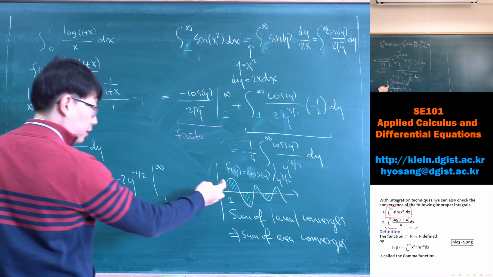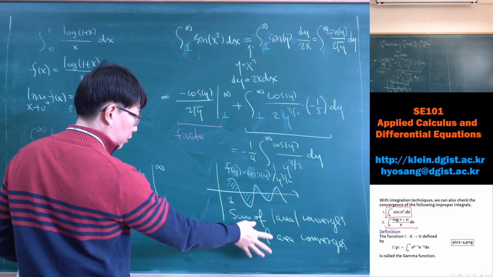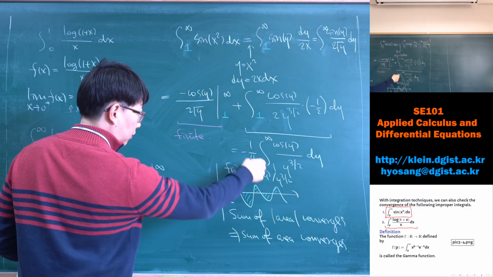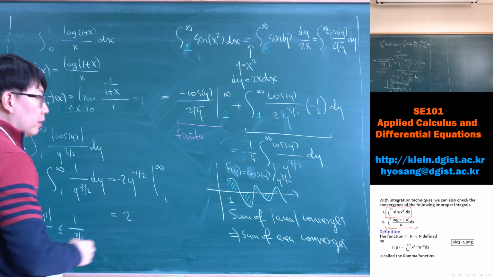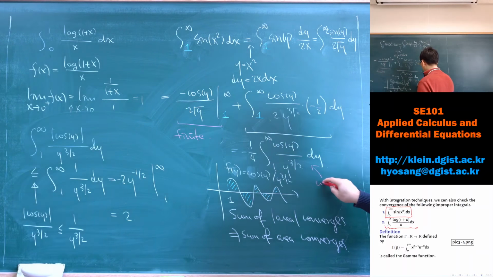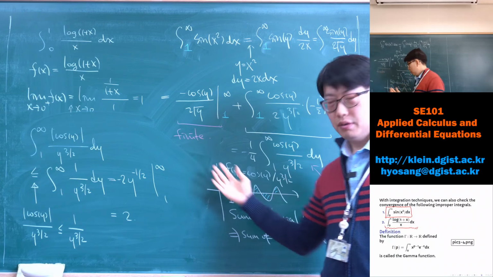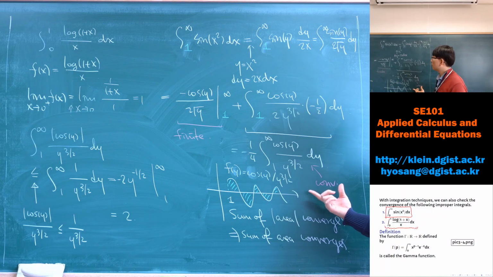So we have a convergent sum of total areas in between this axis and the graph. Therefore, the sum of areas with sign also converges. That means this integral converges. So we have a finite value here. We have a convergent improper integral.